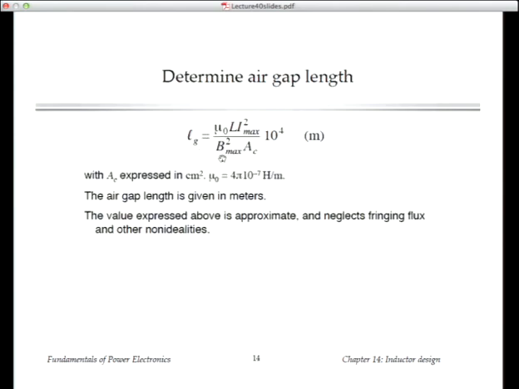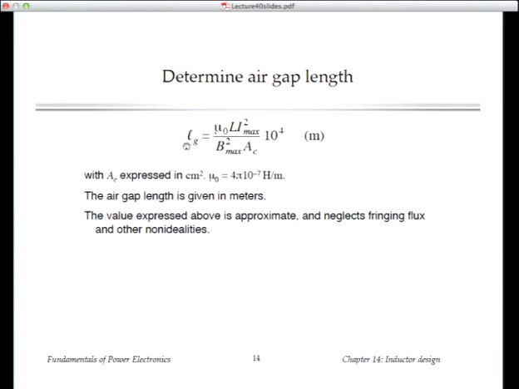So here we solve for the air gap, and for this equation, AC is in square centimeters. The gap length is in meters, which is strange, but gap lengths aren't centimeters either, so I didn't convert it. You'll have to convert your gap length into convenient units.